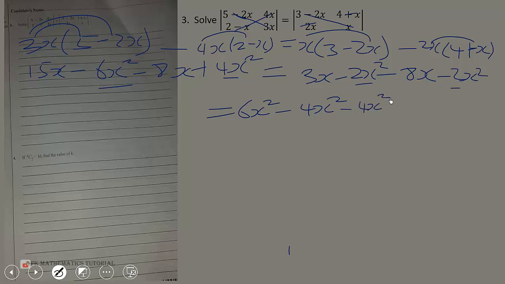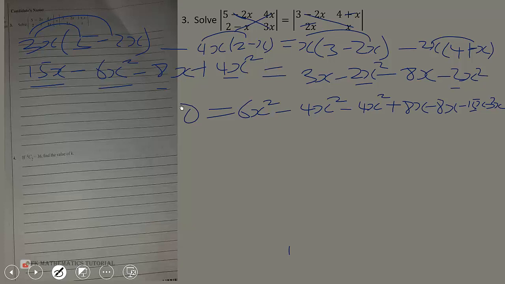Then we have 8x will come here, plus 8x minus 8x. Then we have 15x here, so minus 15x. Then what else? Minus 3x. Good. So we have 0 here.